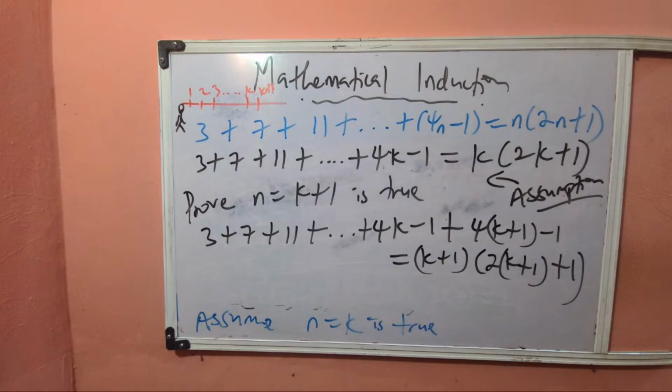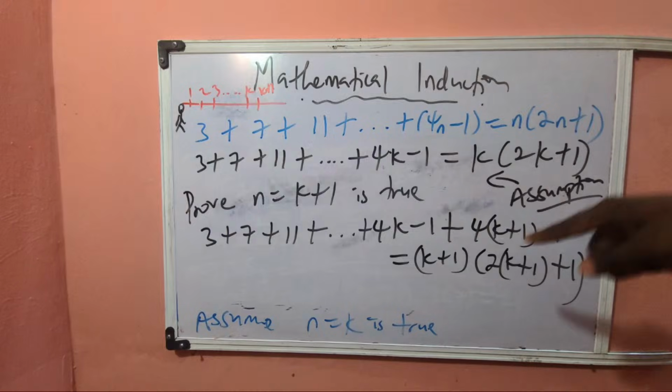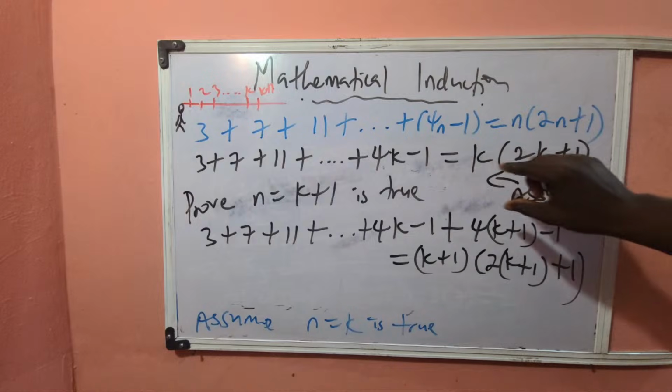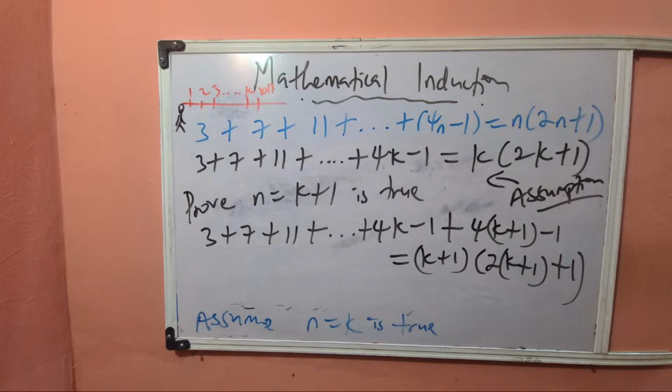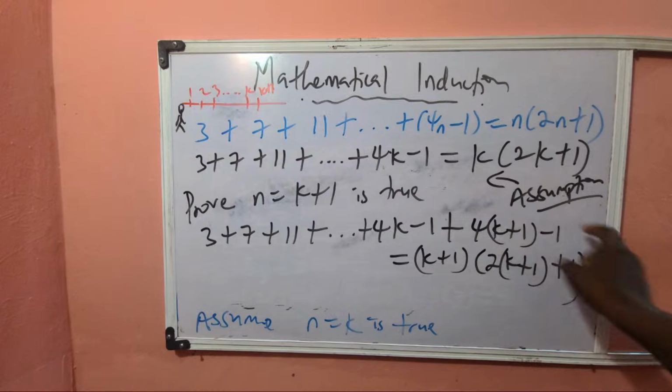That's the whole concept. Now we are saying if you have tried the base step when it was 1, when it was 2, when it was 3, you are now assuming that when it was k is true. Then that means when you went one step after k, it is also going to be true. And the mathematical expression for that is what I just wrote.